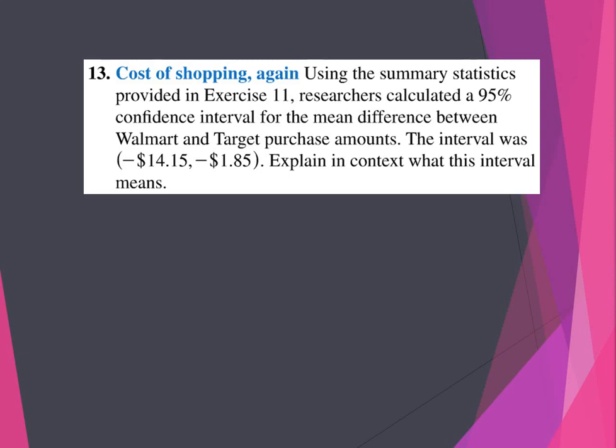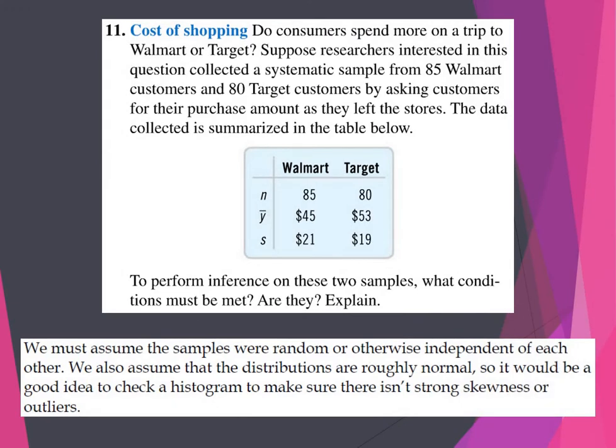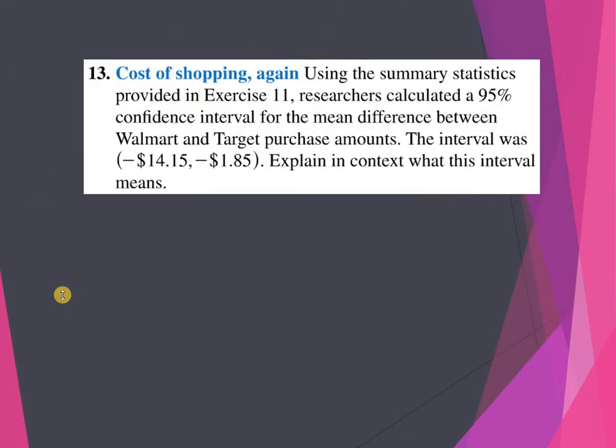Beautiful. There's one little criticism I would say. Because these are negative, what would we claim? Who's more expensive? Since before, we were doing Walmart minus Target, I'd assume, we would generally say that we would expect Target to be more expensive than Walmart, or have a higher purchase amount by between $1.85 and $14.15.